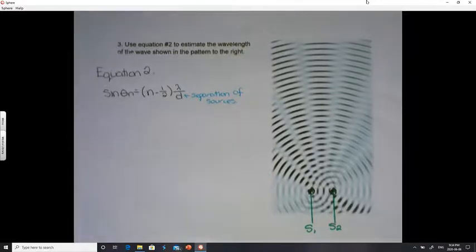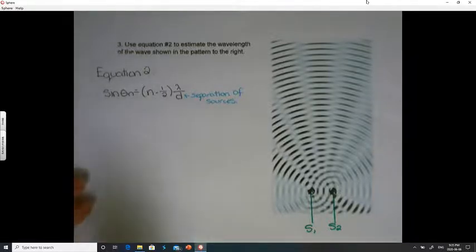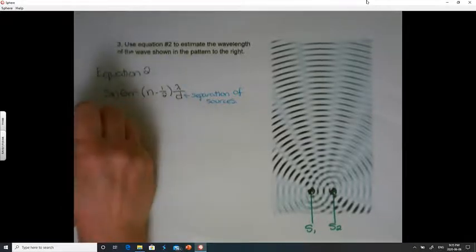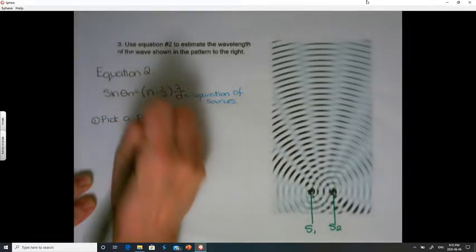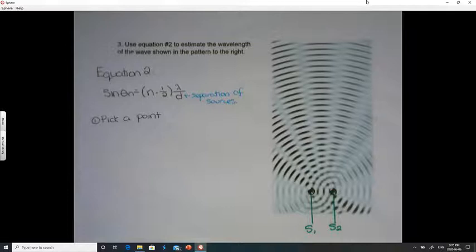So, steps. The first step that we're going to take in applying this equation is the same as the first step in the previous situation, which was to pick a point. And you're going to pick a point on any one of your nodal lines. So maybe you do the first one, maybe you want to do the second one.